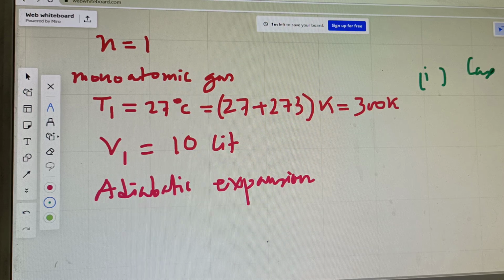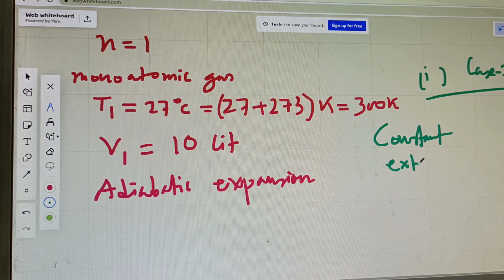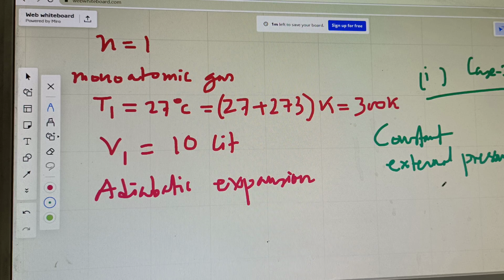So case 1 is constant external pressure. We have to understand the condition given in the problem, that is very important. Here the condition in the first case is adiabatic expansion against a constant external pressure.